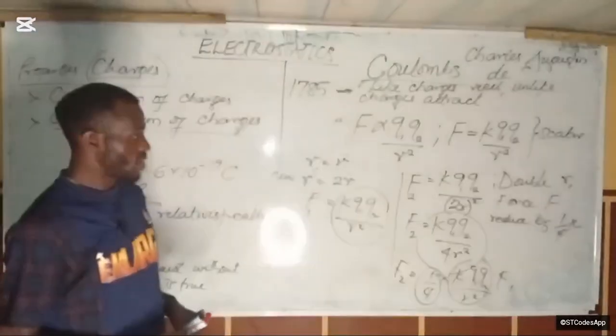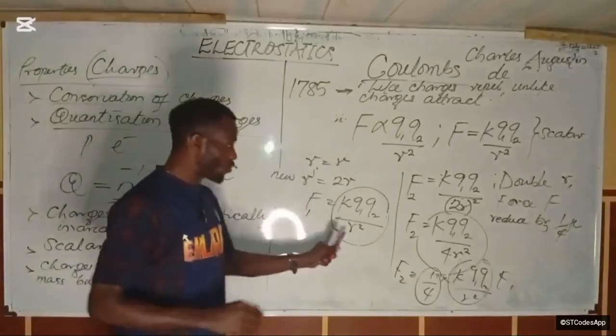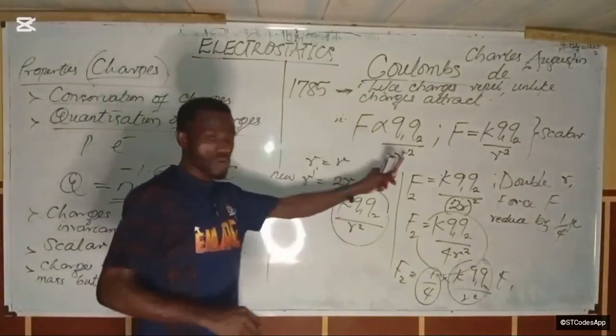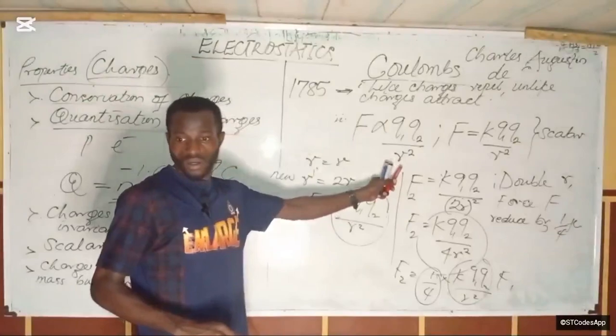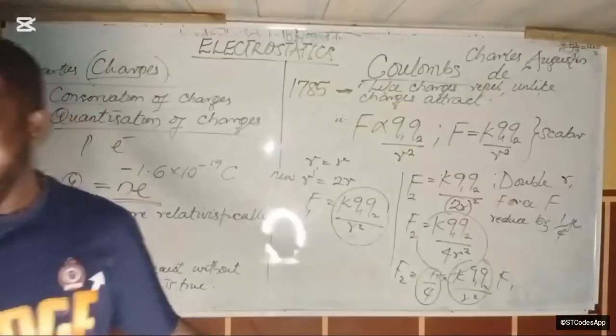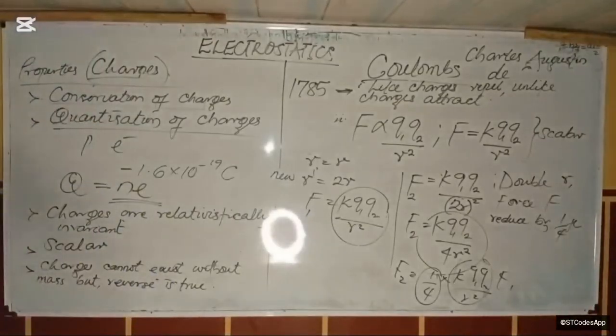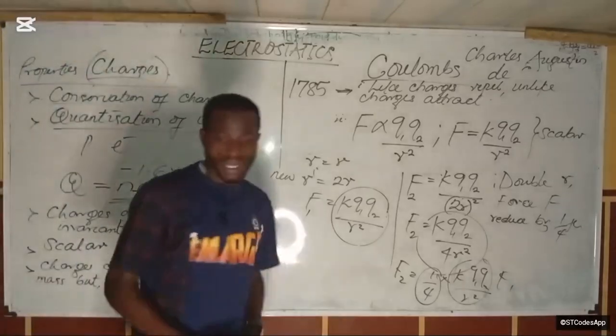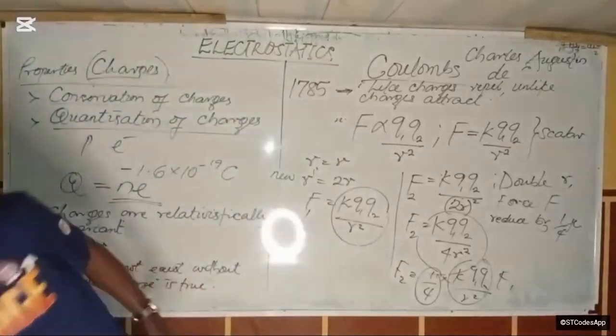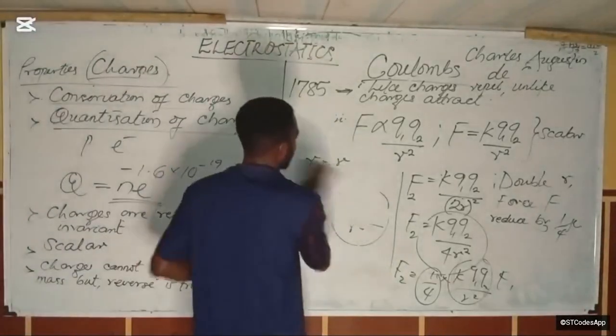So if you double R, this other guy will reduce by 1/4.